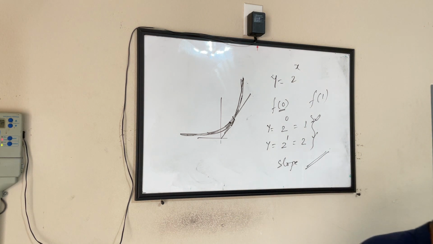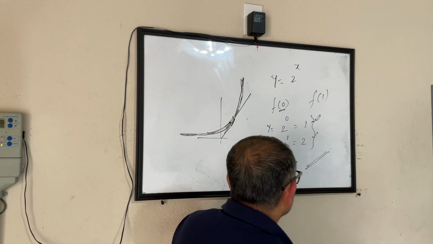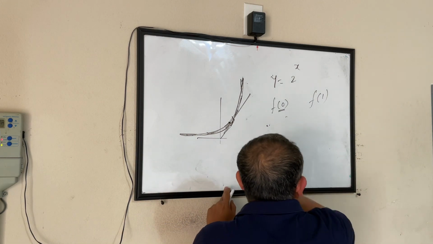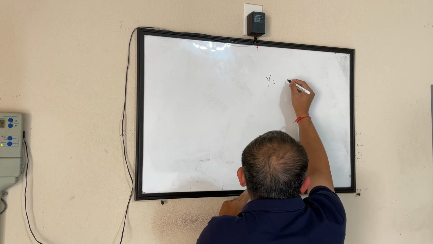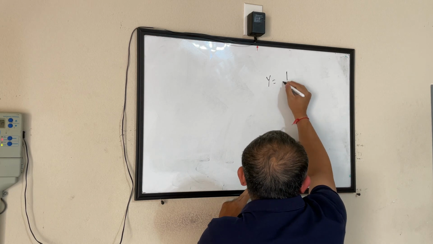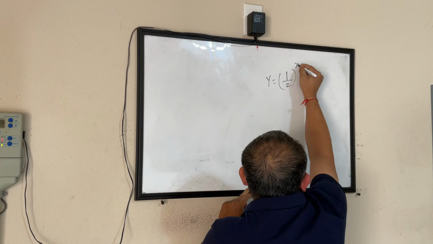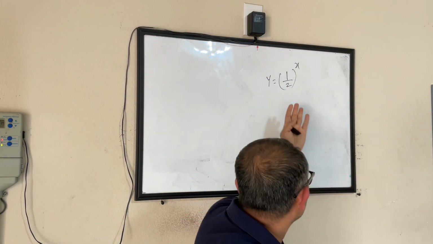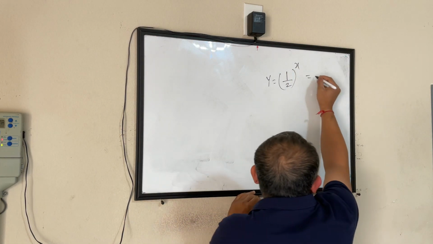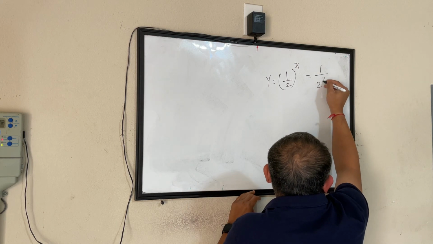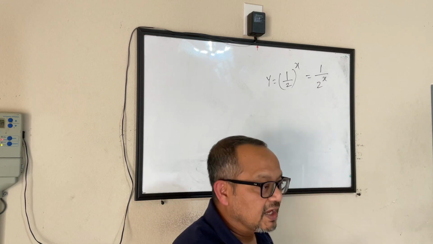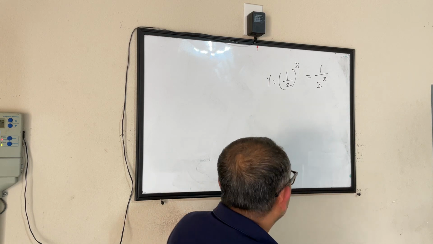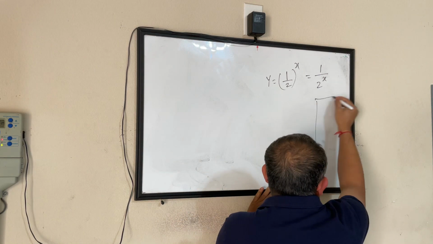Yesterday we were dealing with a situation where, if I have an exponential function y equals 1 by 2 to the power x, or you can say this as y equal to (1/2)^x also, any which way, both are the same. So this is the exponential function we have, and let's try plotting it real quick.